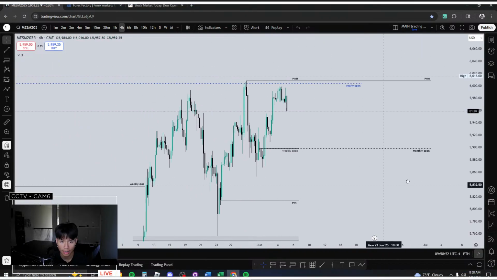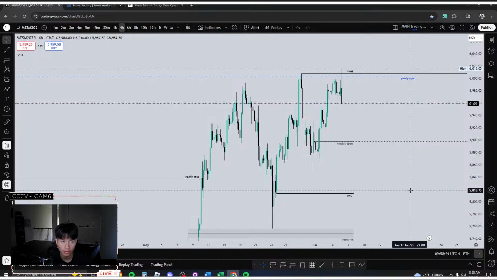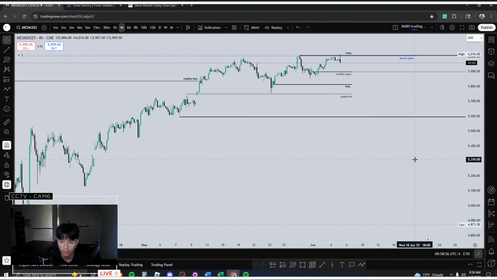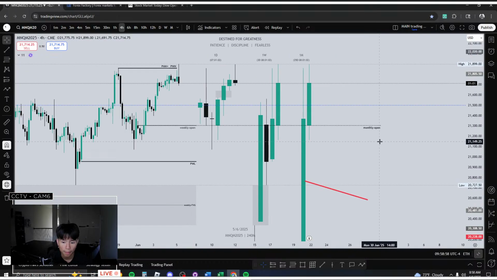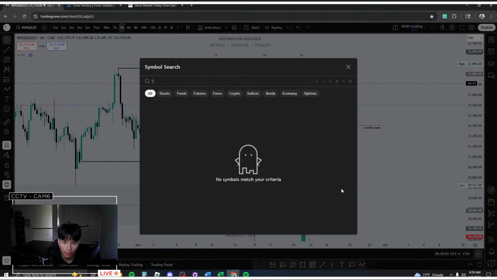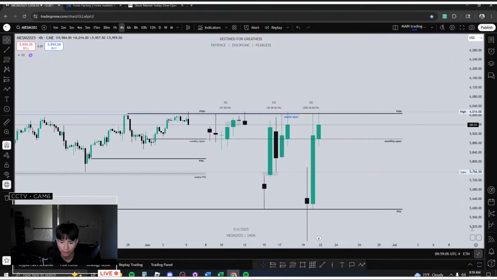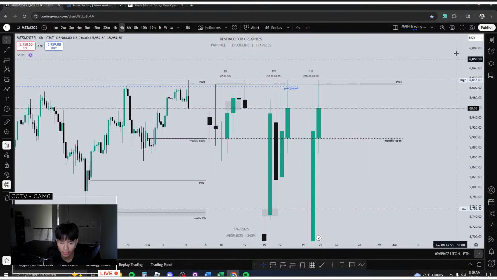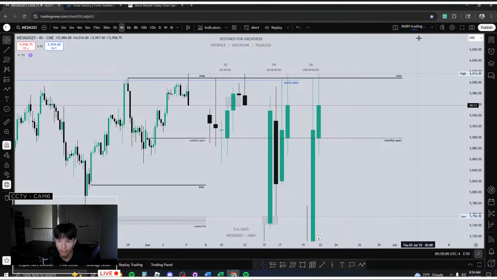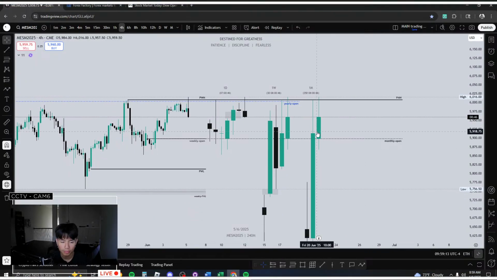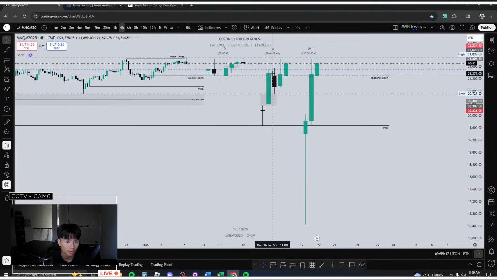So ES actually caught up with NQ. On the monthly time frame, we have completed the objective on ES and NQ both. And that's pretty much all I have as of the morning.